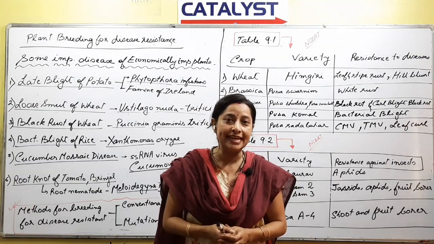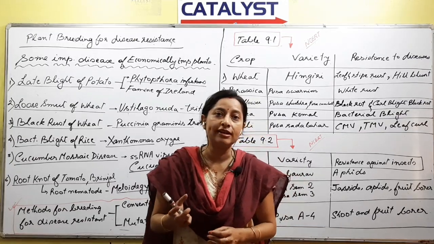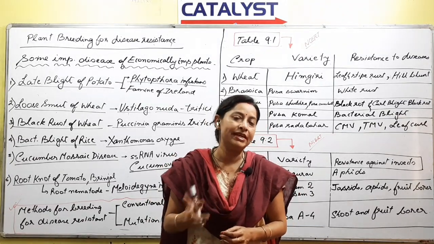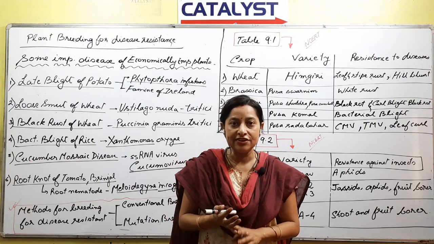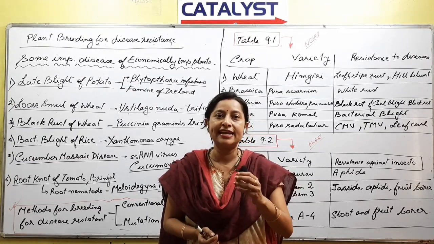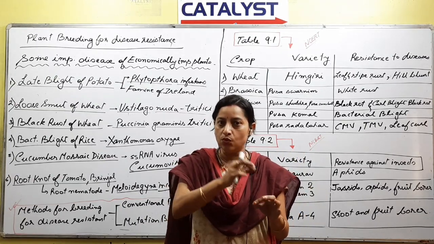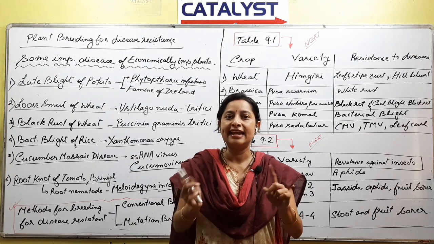Heterogeneous fungi means a fungi that completes its life cycle in two hosts, then we call it heterogeneous fungi. Generally, whenever we are talking about a pathogen, the pathogen will complete its life cycle in one host. Means what? This pathogen will affect one plant and that is the entire life cycle, no?